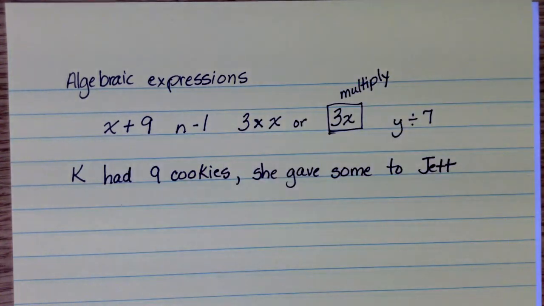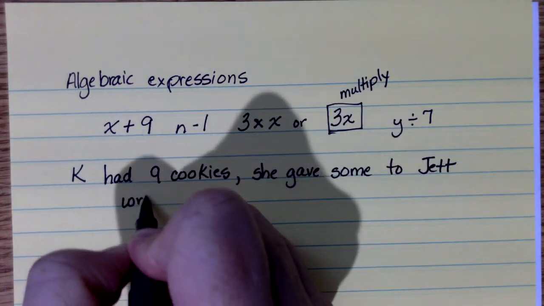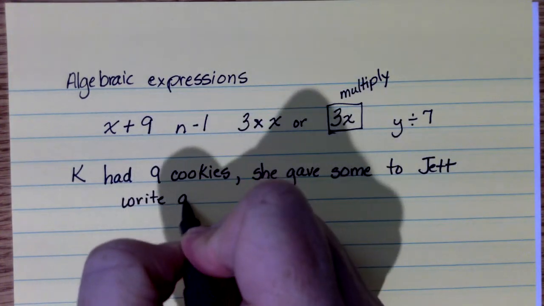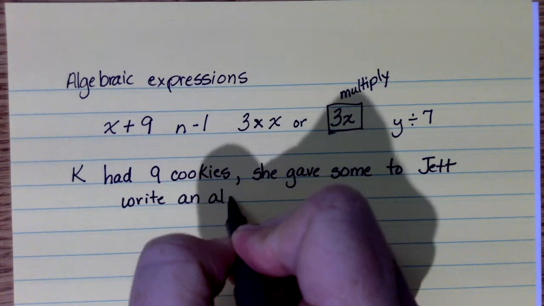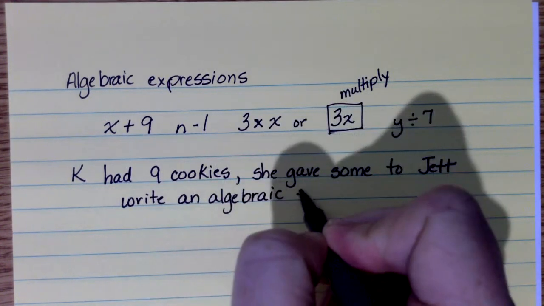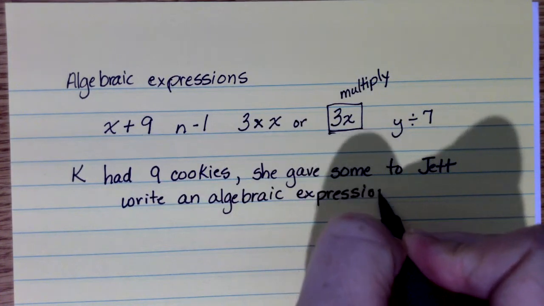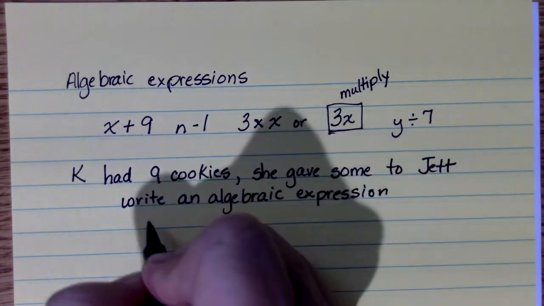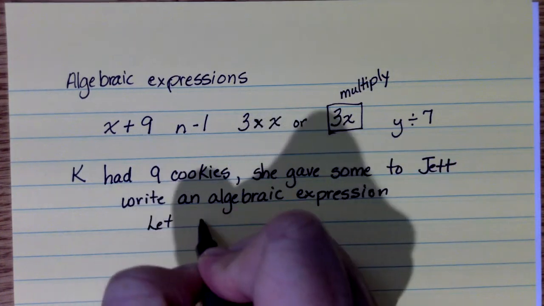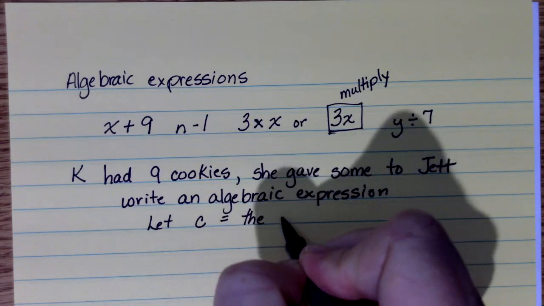And it says, write an algebraic expression and let C equal the number of cookies given.